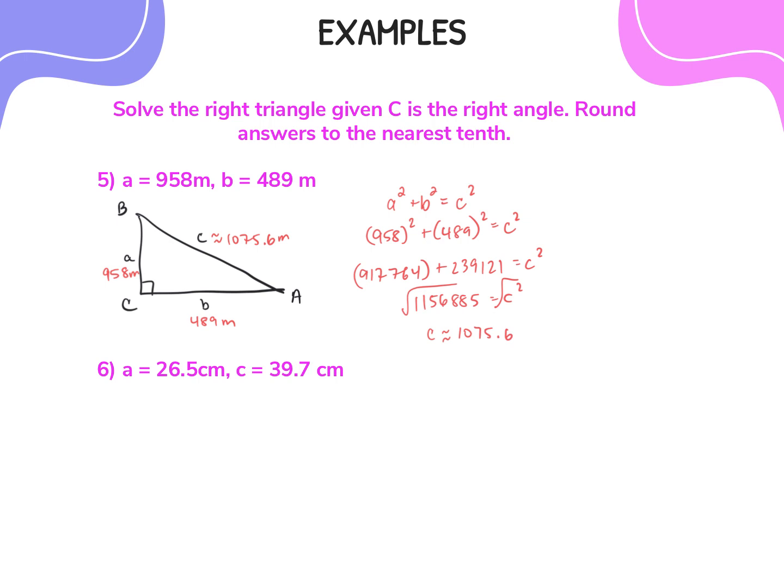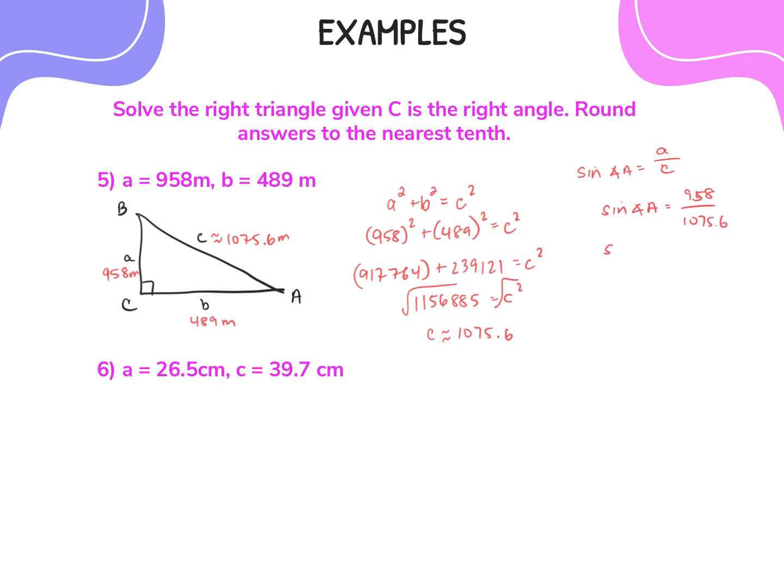So now if I'm looking for angle A or angle B, what I'm going to have to do is the inverse. Because again, we know the sine of, let's say, angle A equals the opposite over the hypotenuse. That's easy, right? So the sine of angle A equals 958 over the hypotenuse, 1075.6.